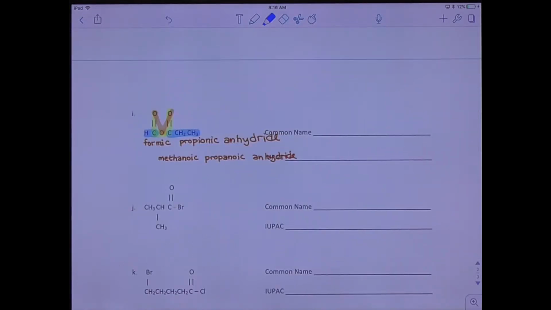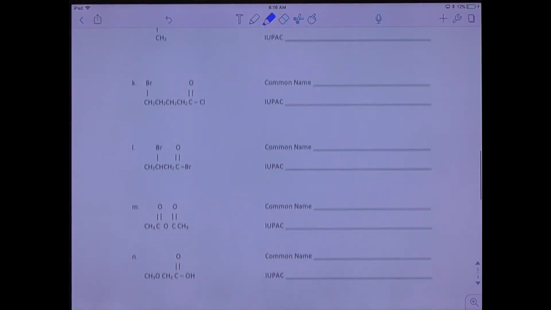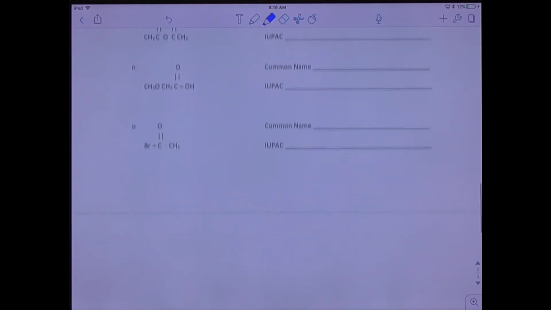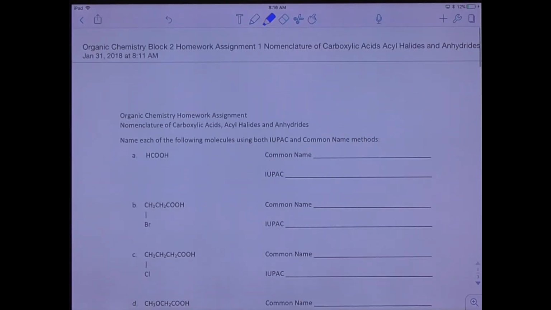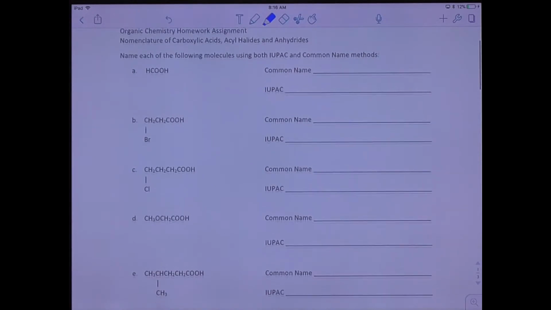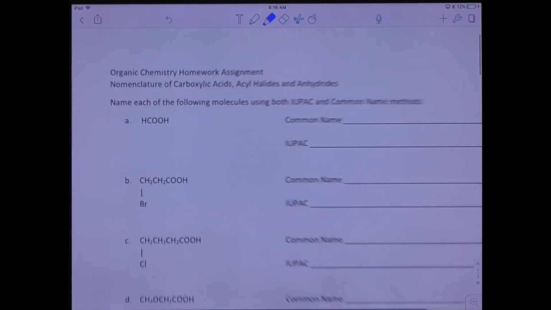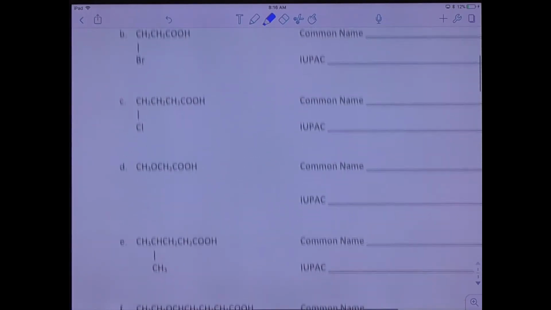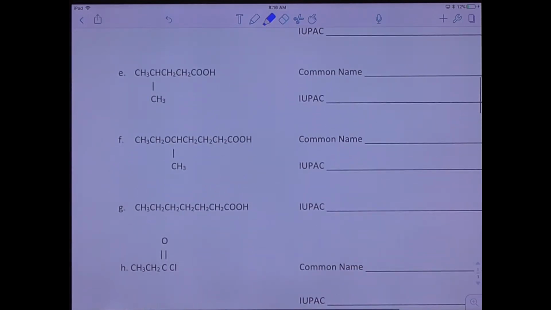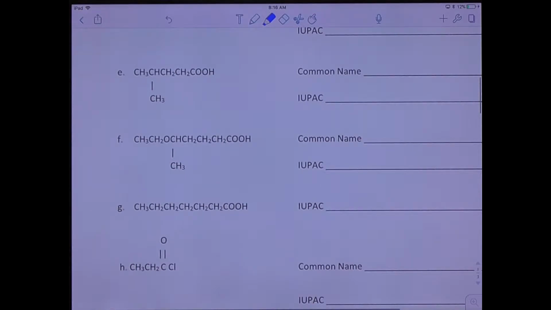Okay, so now I think you've seen the acyl halides, you've seen the anhydrides, you've seen the carboxylic acids. All good. And you know how to number or write the Greek letters to figure out locations. Yep, I think you're good.